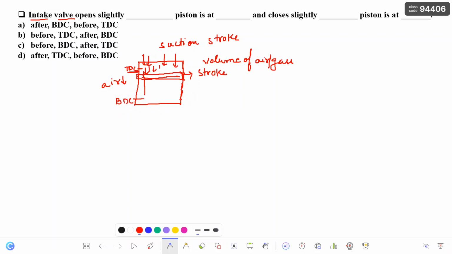We want the whole air to come in till the end of this stroke, so the valve will close slightly delayed, after the piston has reached the bottom dead center. So the correct answer is before the top dead center, after the BDC. The answer is B.